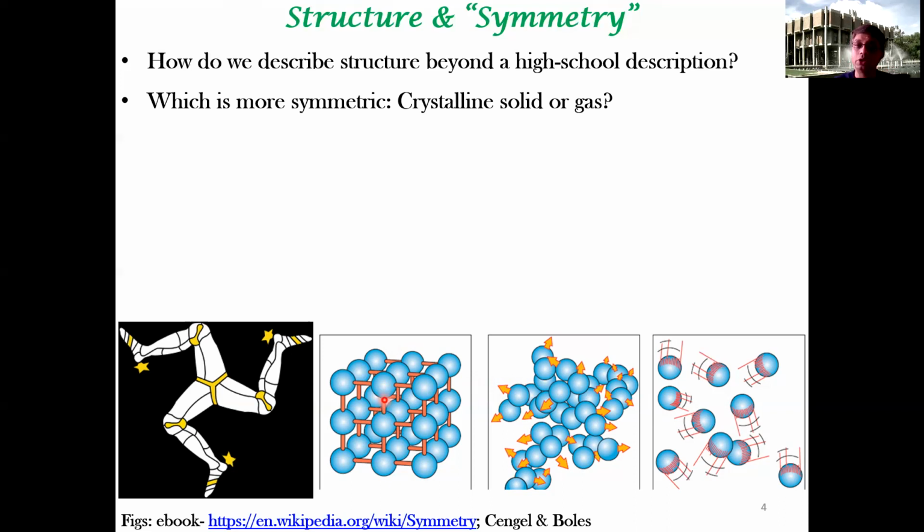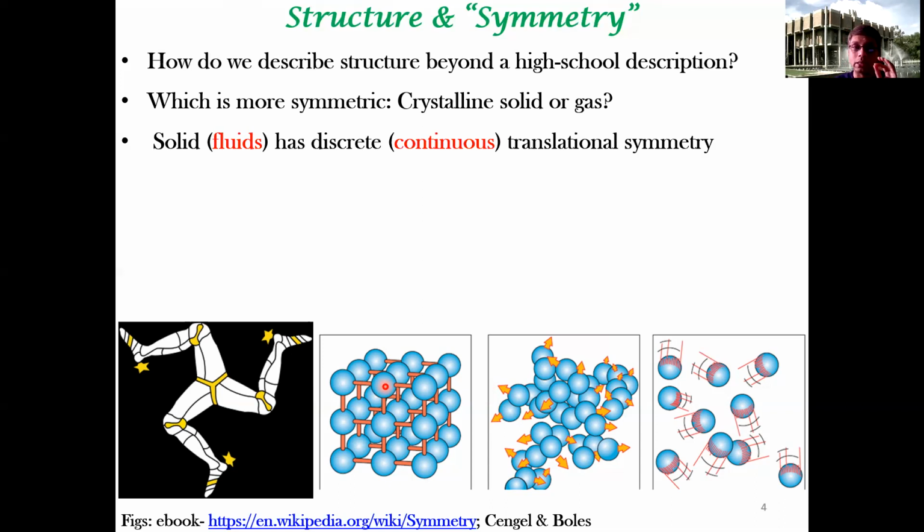In terms of my definition of symmetry, the symmetry of a solid is that this solid has a discrete translation symmetry. In contrast, the fluids had continuous translation symmetry. However, a solid has a discrete translation symmetry. That is important to understand these terms.